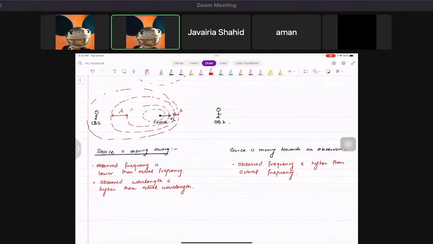And number 2, observed wavelength is higher than the actual wavelengths. Is it clear? Sorry, lower. My bad.